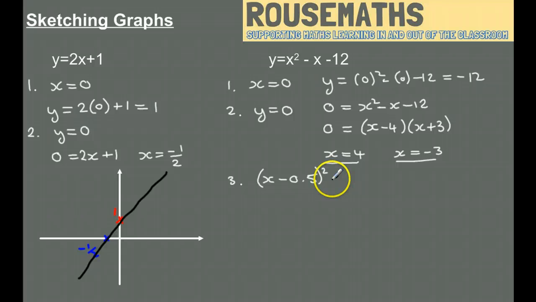If we take away 0.5 squared and then take away the 12, that's what we get when we complete the square, which means that the minimum is at the point 0.5, because that will make the bracket 0, and then if the bracket is 0, we'll be left with minus 12.25. Now all that's left to do is just sketch that.